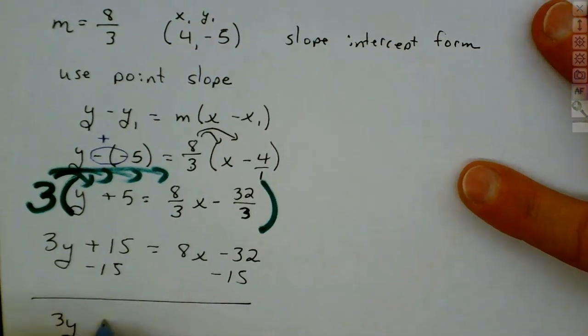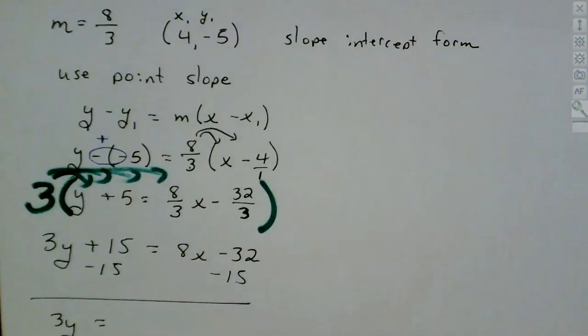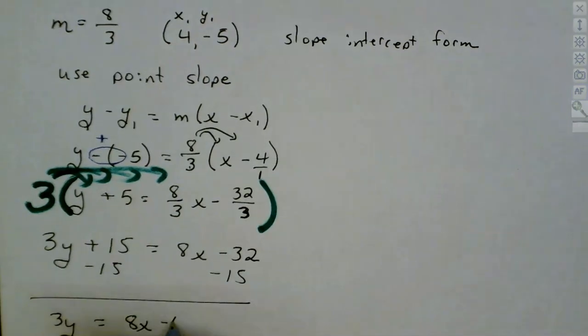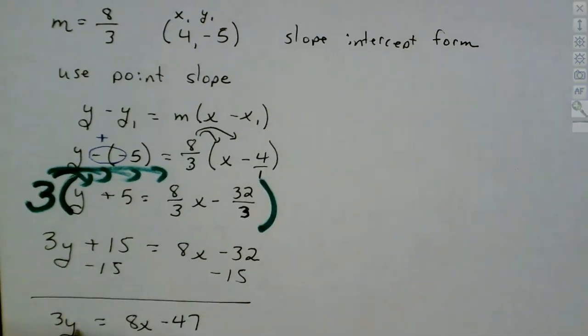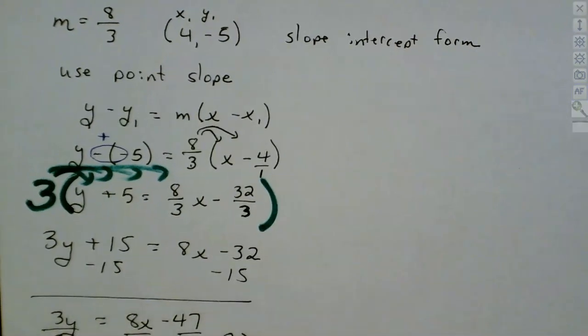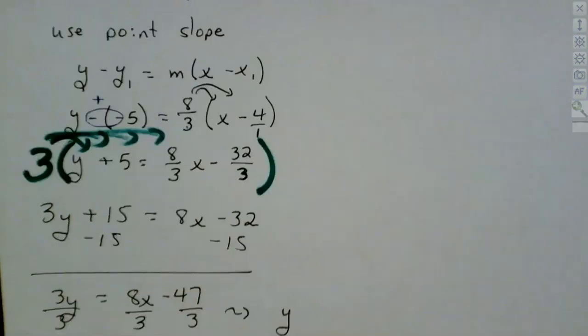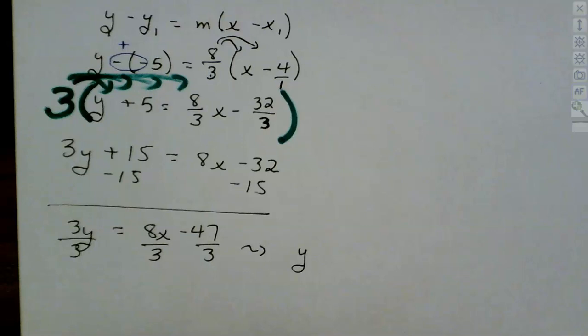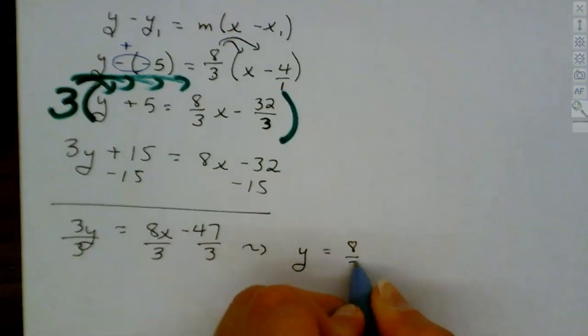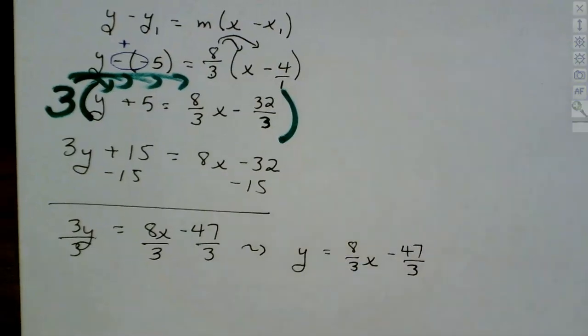And now we've got 3y equals, we'll put that 32 and the 15 together, it should be 47. So that's going to be 8x minus that 47 there. We'll divide by our 3 everywhere. And then what's my final answer? In slope-intercept form, it is now y equals 8/3 x minus 47 over 3.